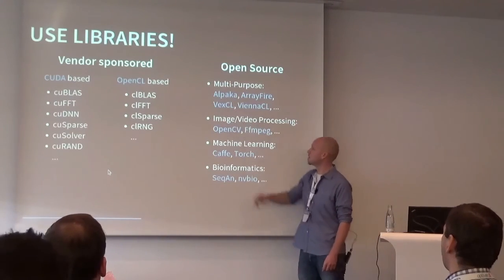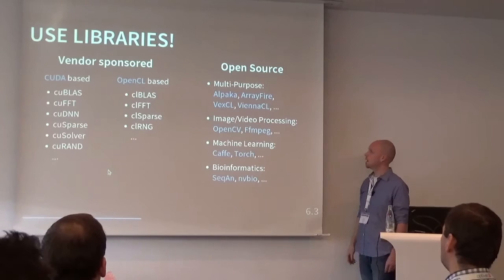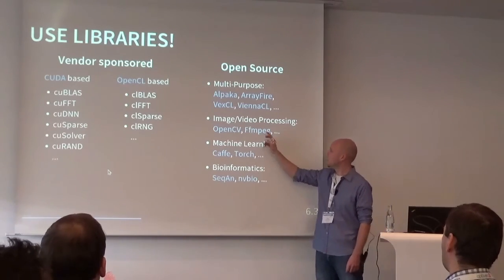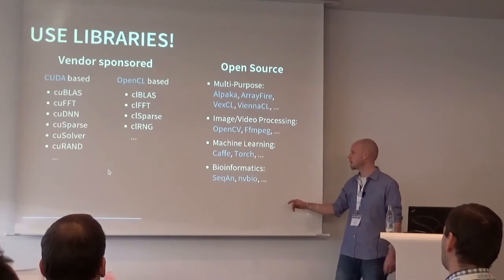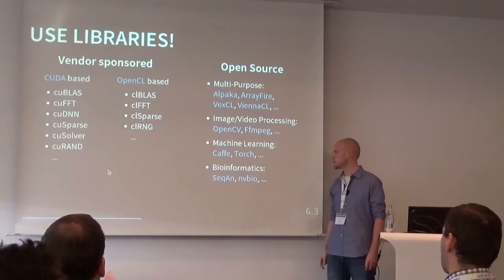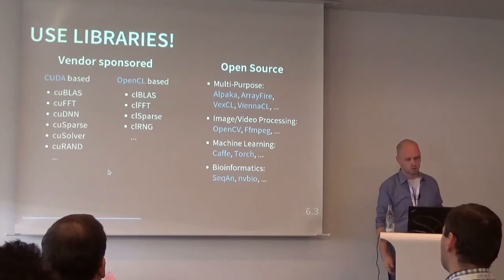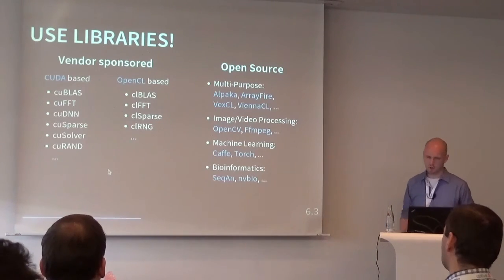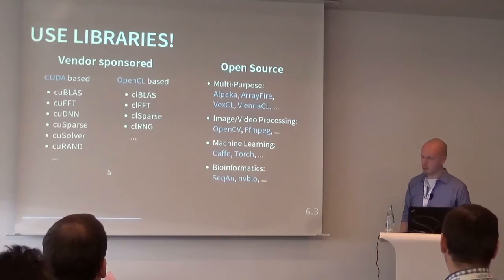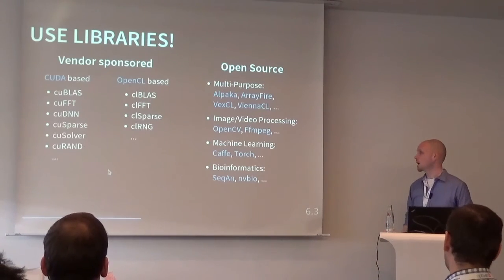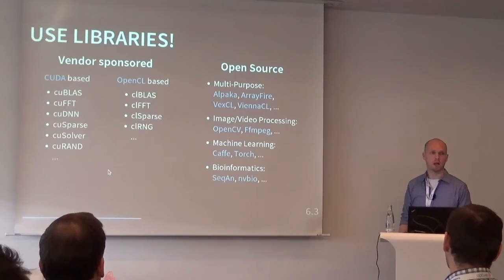Last year, the author of XCL was actually around at this conference. Image processing, machine learning, which is a pretty big deal in the GPU business today, and bioinformatics, et cetera, et cetera. So first, use Google or any other search engine and see if the field that you have to work on actually has a GPU library to offer.